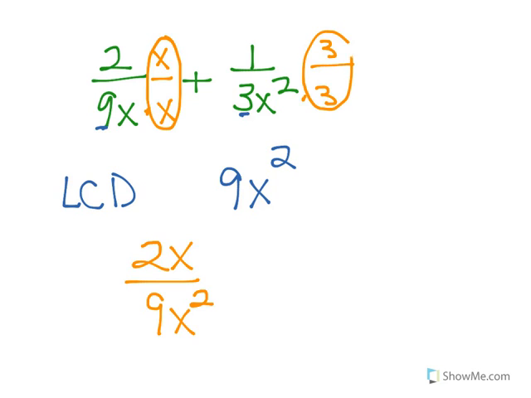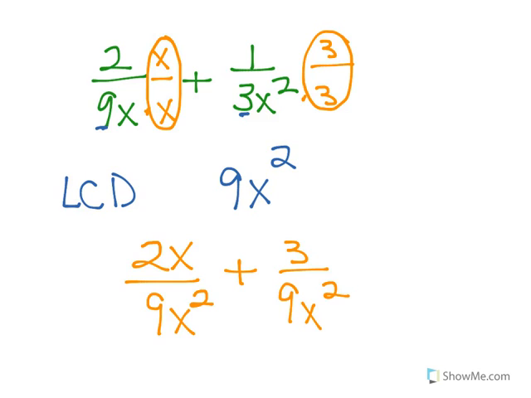If we multiply the denominator by 3, we need to multiply the numerator by 3. And so we have another foo, a funny form of 1. Now our new rational expression as part of our sum is going to be 3 over 9x squared.